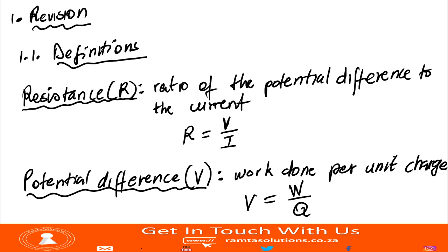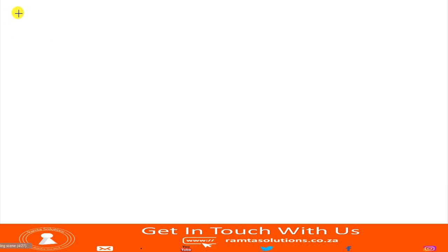Now let's define current. Current we define as the rate at which charge moves past a fixed point in a circuit.